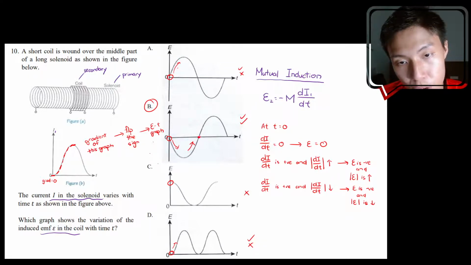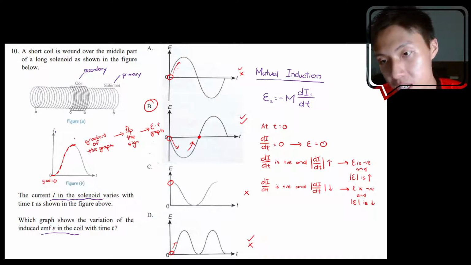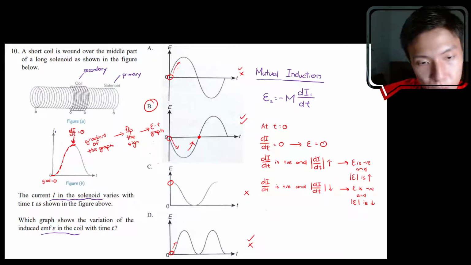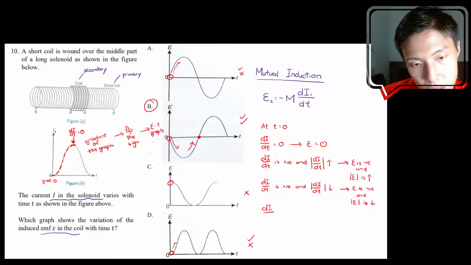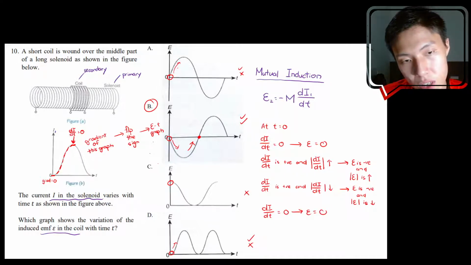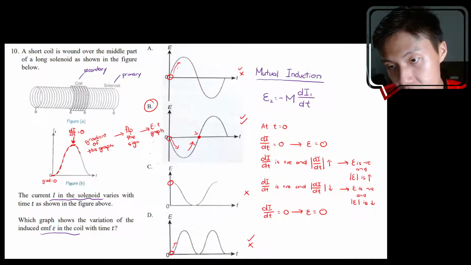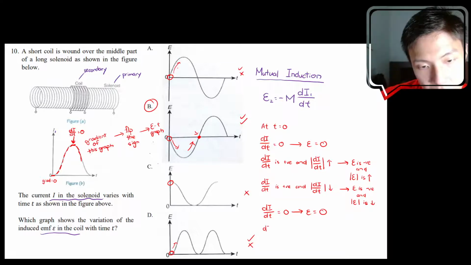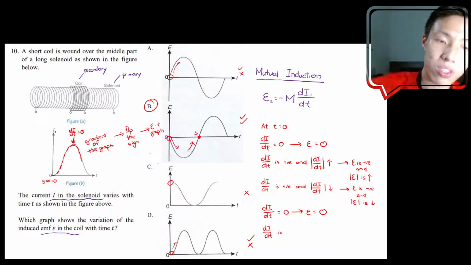Then you reach this point where epsilon is equal to 0, exactly when di dt is equal to 0. This is this point over here. Then we continue. Now it's a negative gradient, getting steeper and steeper from flat to steep. So right now, di dt is a negative gradient because it's now sloping downwards already.